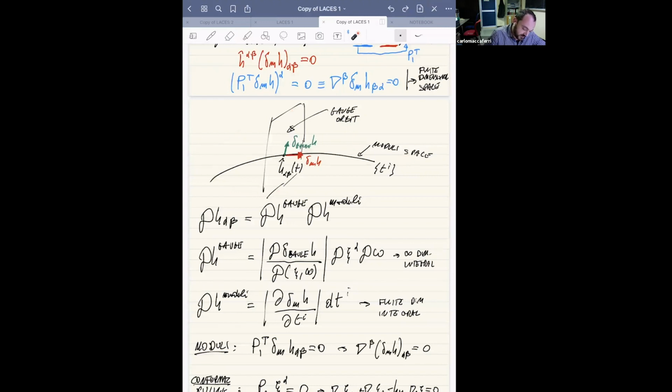Now, when I choose a fiducial metric, which is this h hat of t, this h hat of t is given by the solution to this equation. So you know that this is an n-dimensional space that depends on the topology.